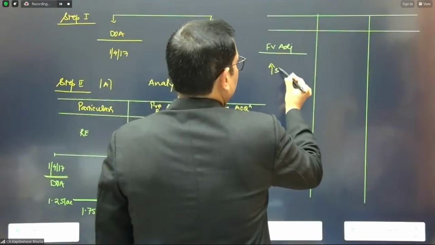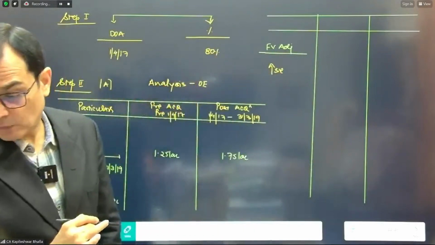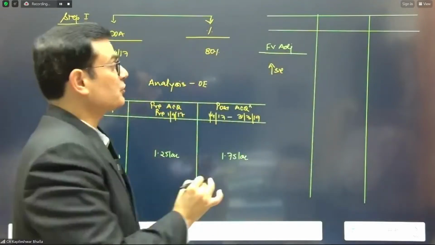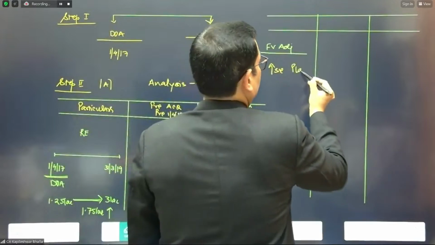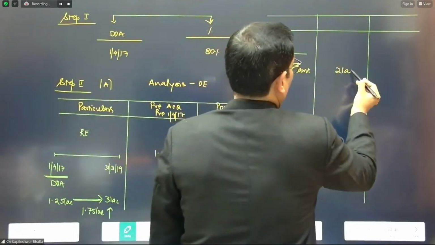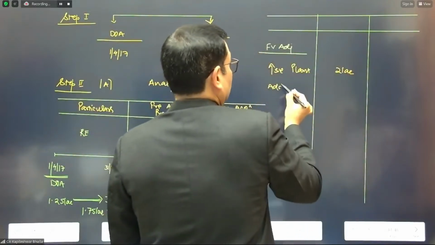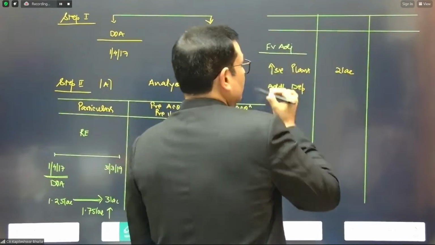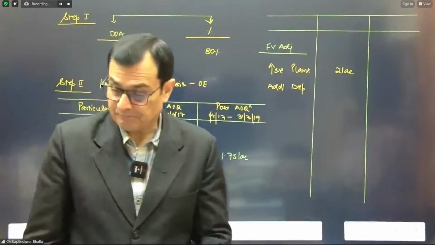So the increase in the fair value compared to the book value for the plant is 2 lakhs. So there is increase in the value of plant to the extent of 2 lakh, and this will also lead to additional depreciation being taken in the post-acquisition period.